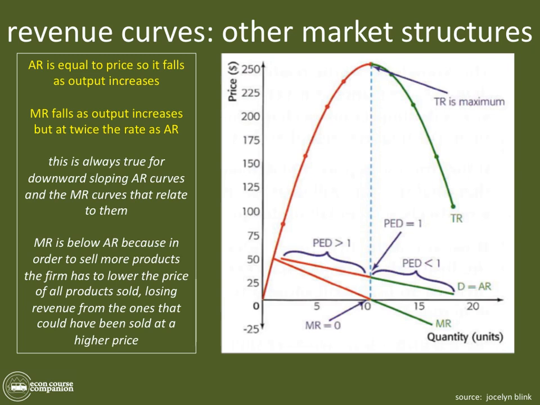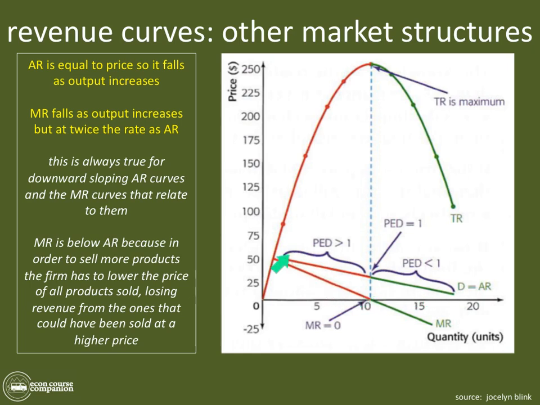All right, now moving forward, what I want you to realize in terms of revenue curves, this total revenue curve is going to kind of disappear. But the generalized revenue curve that we are going to use is going to be those cost curves. Remember the marginal cost curve, the average total cost curve, average variable cost curve. Those are going to be superimposed on top of a demand curve, which is equal to average revenue, and the marginal revenue curve, which is always roughly half of average revenue.